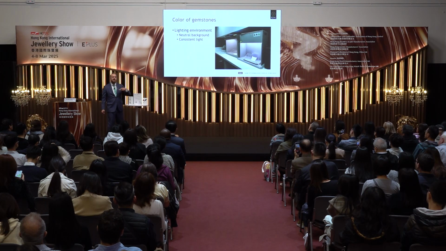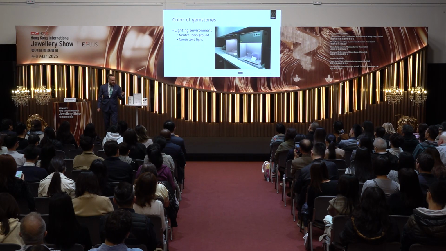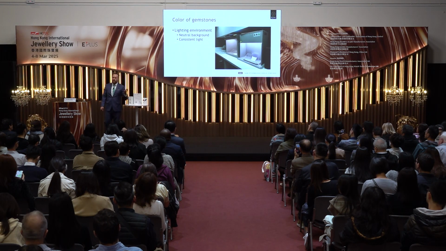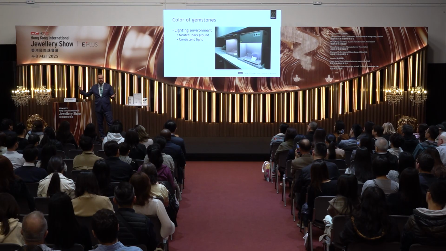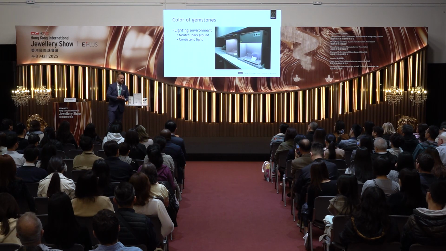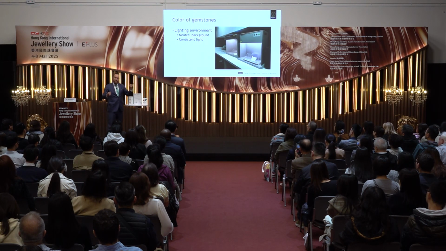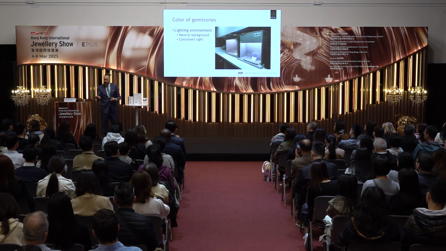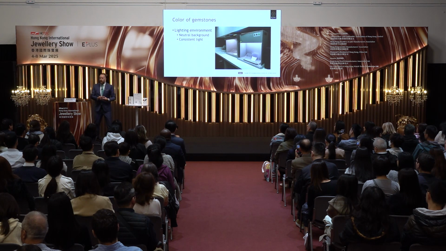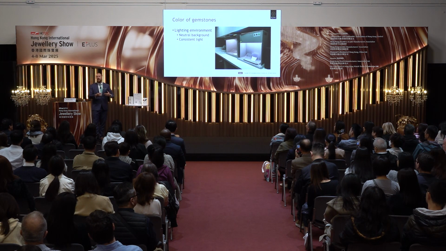The second thing is we want to look at it in consistent light. And I think a lot of us are familiar with it. If we look at the same stone in the light here inside or outside, it's going to be completely different. If I look at the same stone in Hong Kong or in Paris, it is going to look different. If I look at the same stone in the morning outside or in the evening outside, it is going to look different. Now, obviously, that is a complexity that we cannot navigate.